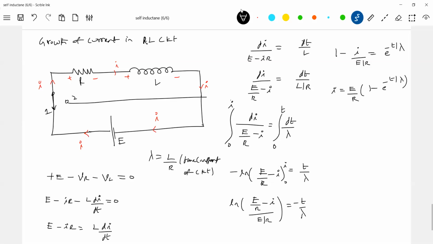So look at the current through the coil now. It increases exponentially. Why, and what is R? R is the resistance of the connecting wire or the resistance of the coil itself. We never get an ideal inductor. What do you mean by an ideal inductor? The wire used to make the inductance should have zero resistance. Not possible.